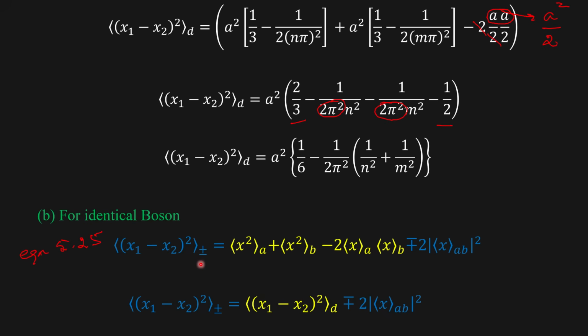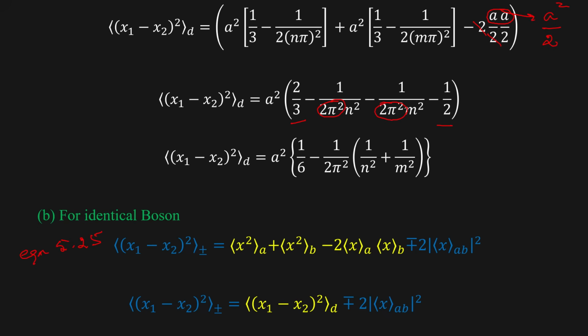Here the subscript plus or minus indicates that plus means symmetric, which is for boson, and for fermion it is antisymmetric, that is minus. So the common expression is the expectation value of x squared for particle A and for particle B, minus 2 times the expectation value of x for particle A times the expectation value of x for particle B. You can see it in the yellow color.